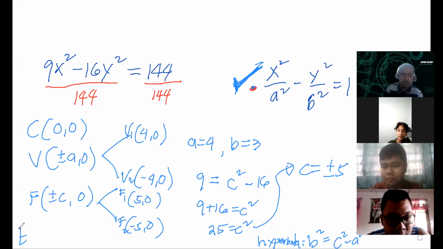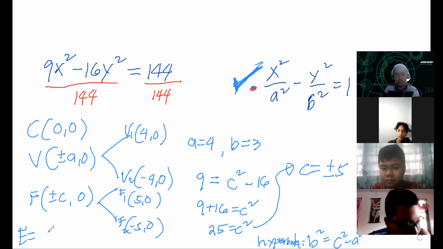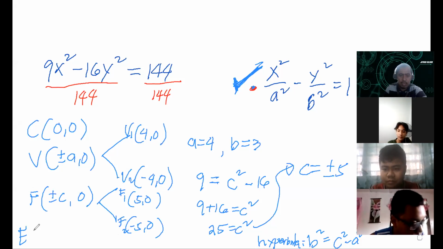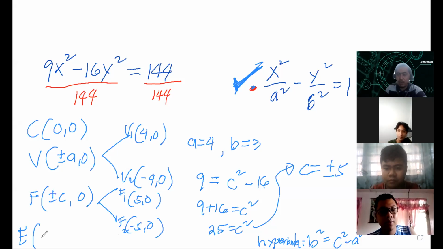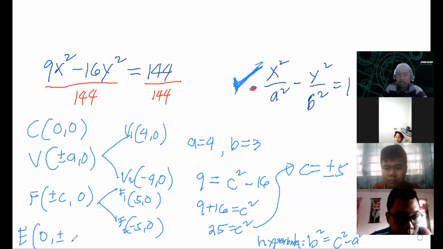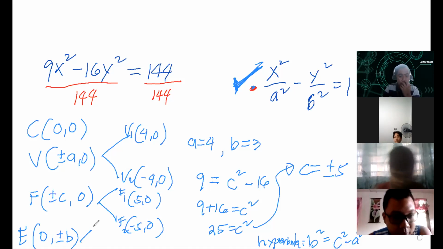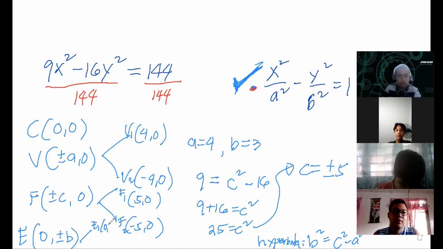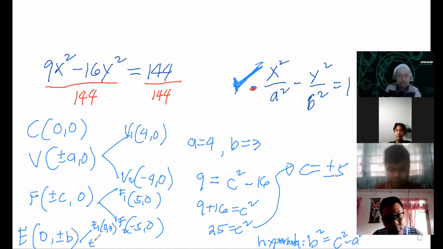So endpoints of your conjugate axis: it should be 0, plus or minus of your b. And what is your b? 3. So in this case, E sub 1 will be 0, 3, and E sub 2 should be 0, negative 3.